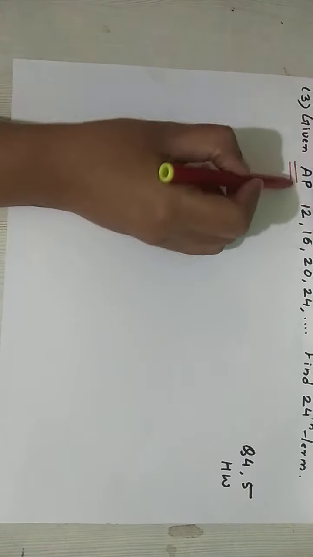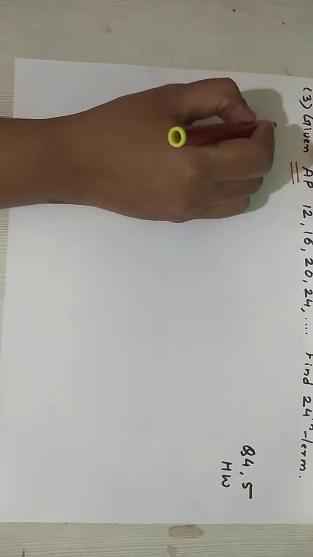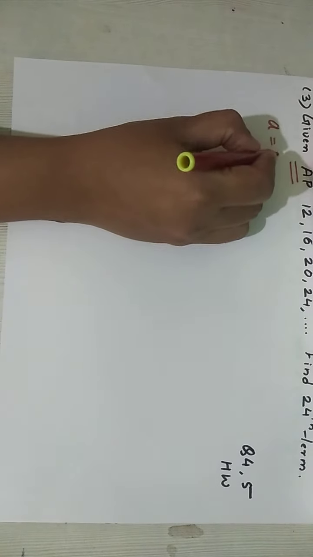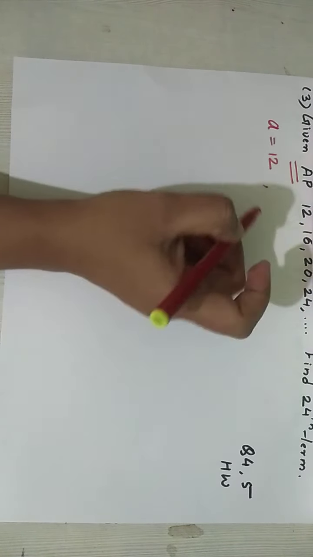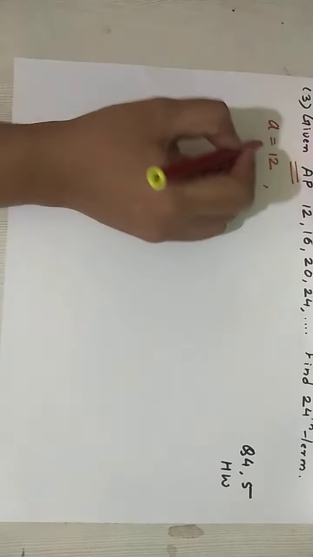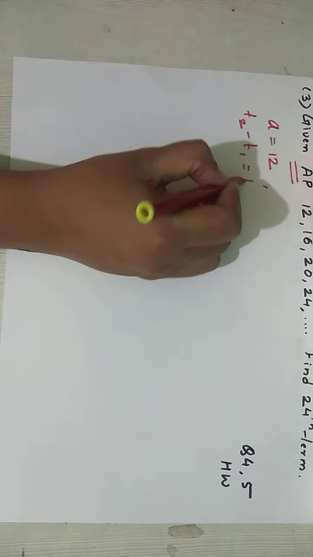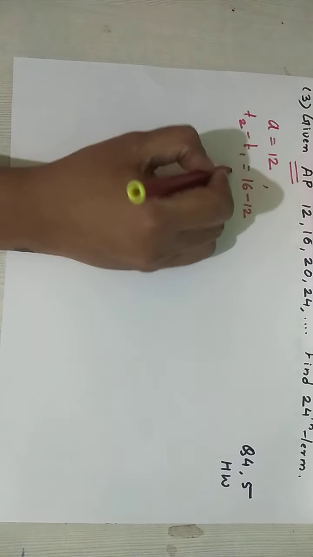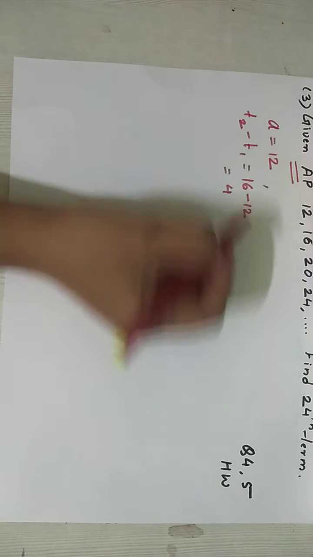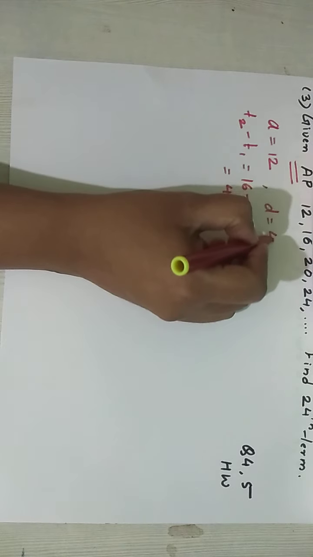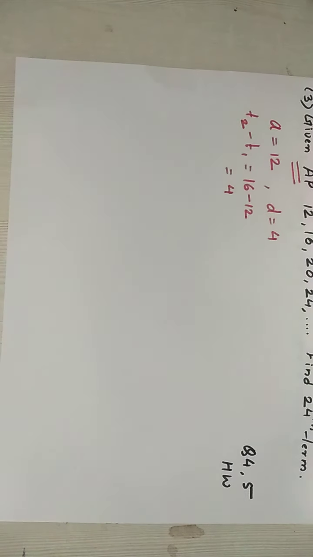Now it's already given an AP, so you need not check for D. You can directly write the first term, that is A is 12, and if possible you can guess D over here, or if not possible just do T2 minus T1. T2 minus T1 will be 16 minus 12. 16 minus 12 is 4. That means what will be D? D will be 4. So A is 12, D is 4.